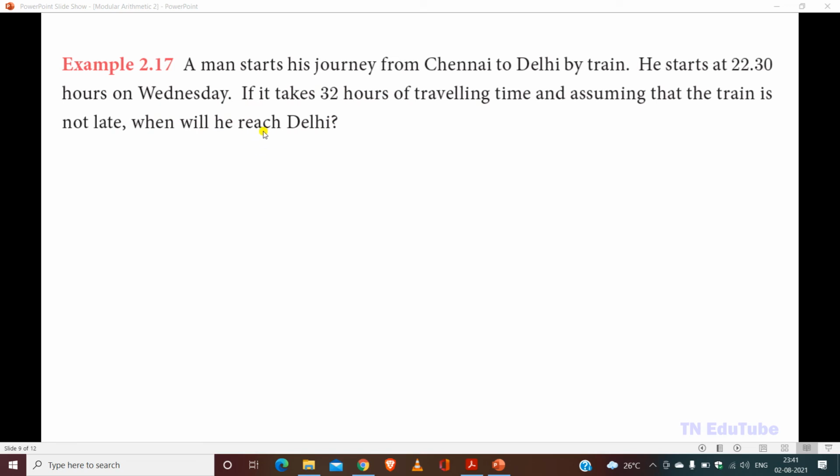Train is not late. His journey is from Chennai to Delhi. Starting time 22:30, that means it is night on Wednesday. He takes 32 hours of traveling time. So when will he reach Delhi?